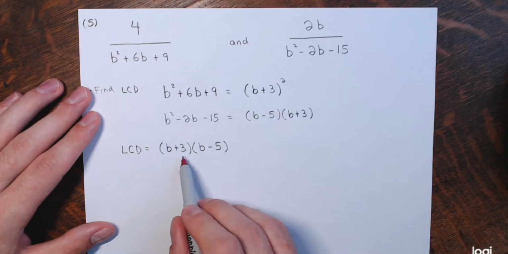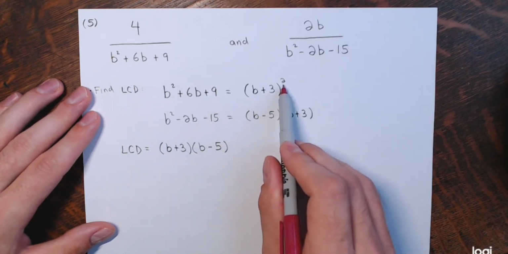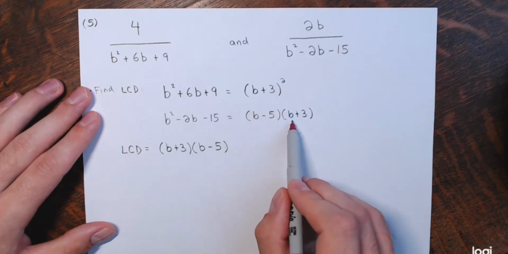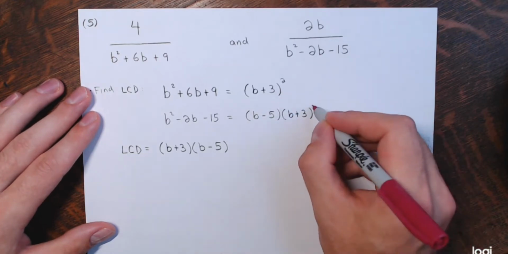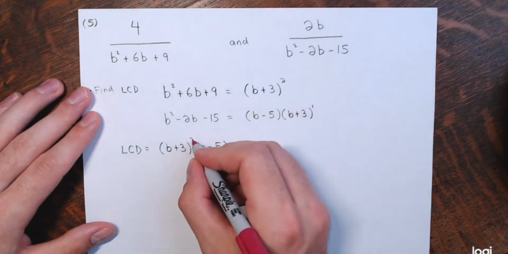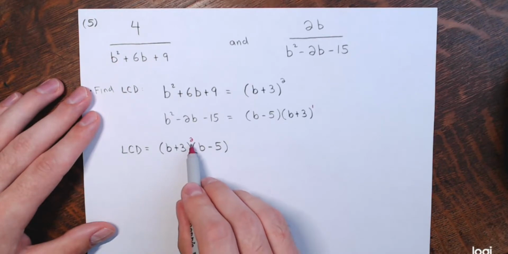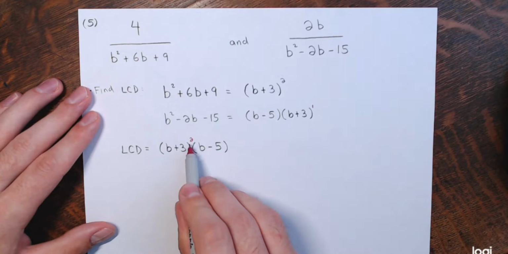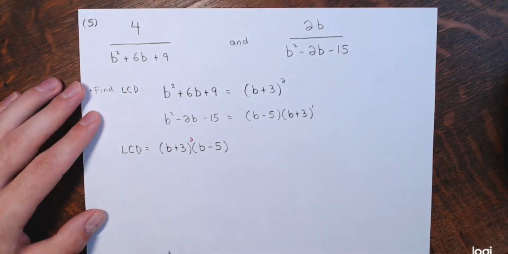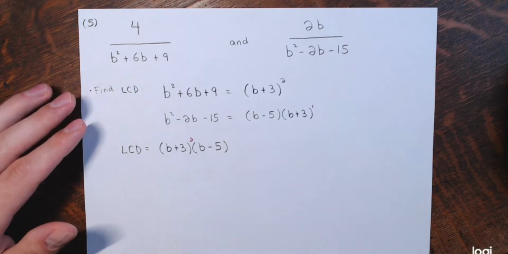So b plus 3, this first denominator has b plus 3 to the second. This denominator has b plus 3 to the first. Right? The highest of those is the second. So I have b plus 3 squared. Right? b plus 3 times b plus 3 in the LCD.